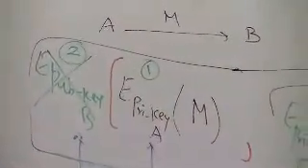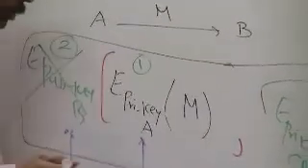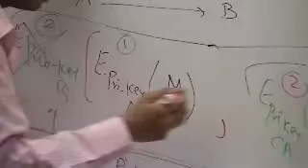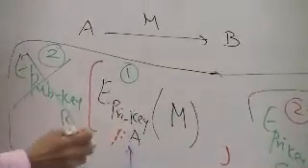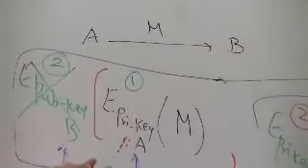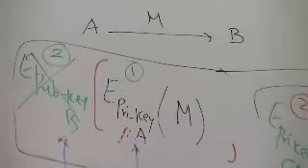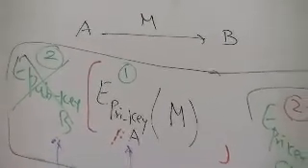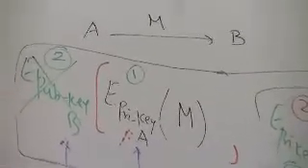Only once I do that, I can get to know the public key of user A, so I can use that to do this decryption. Without that, I cannot do this, because I don't know the public key of user A. Or I may know it, but I want it to be a certified one, so I want to make sure that I use a certified public key rather than just what I think is a public key.